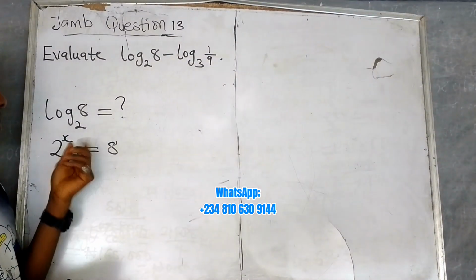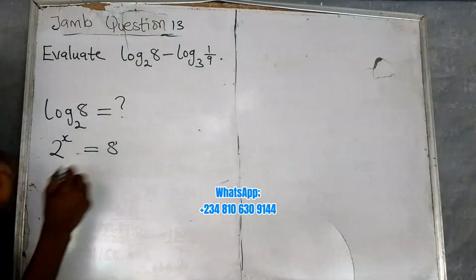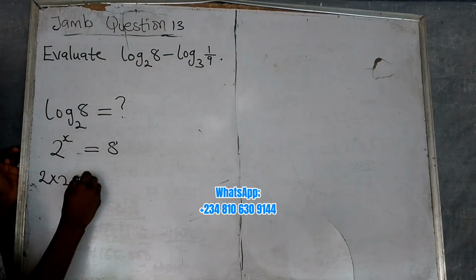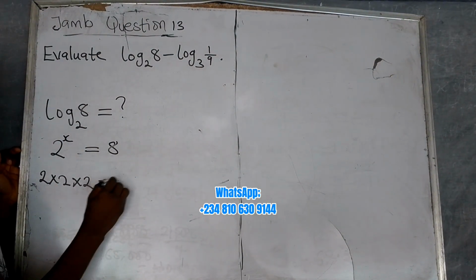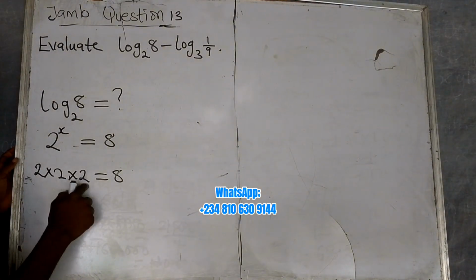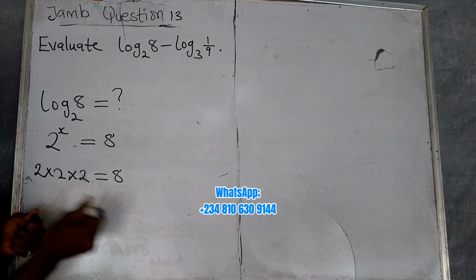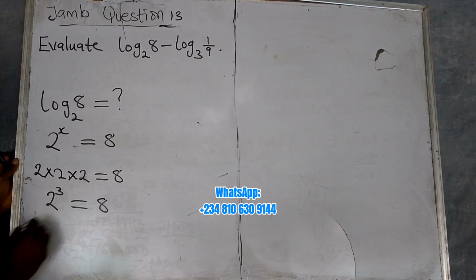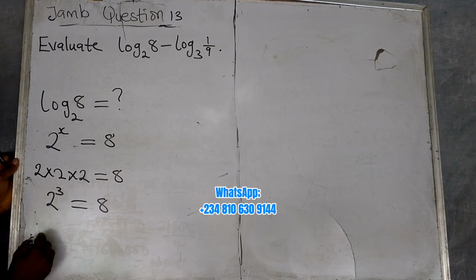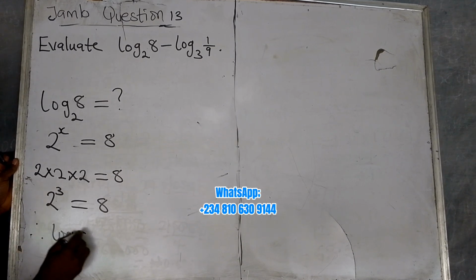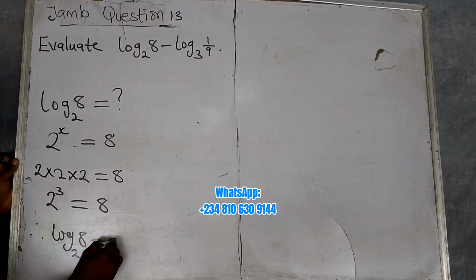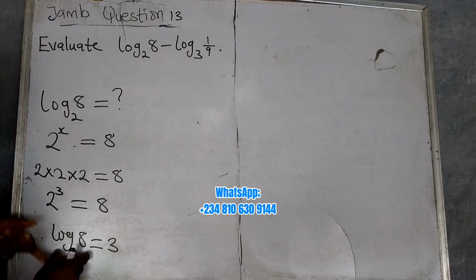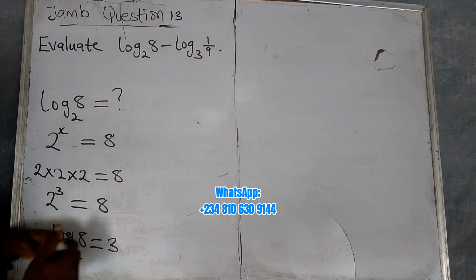So 2 raised to the power of the unknown equals 8. 2 times 2 is 4, 4 times 2 is 8. So 2 raised to the power of 3 will give us 8. That simply means log₈ base 2 is equal to 3. Simple. So that is that for the first one.